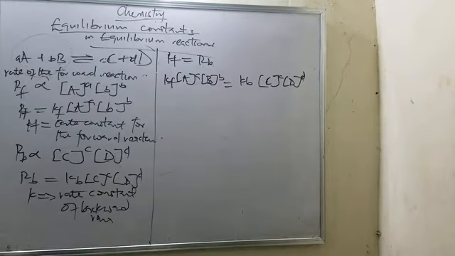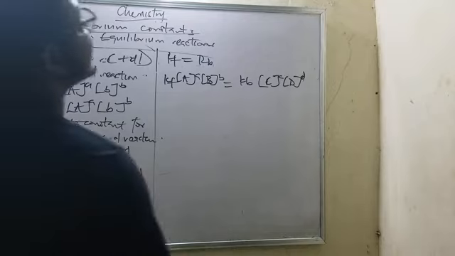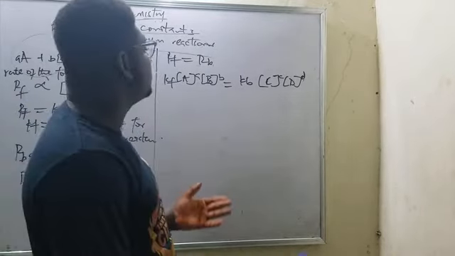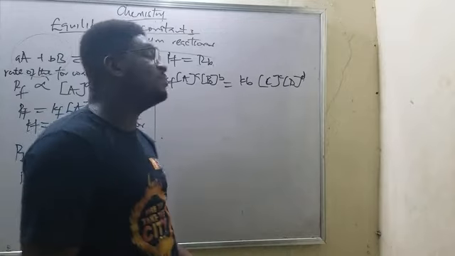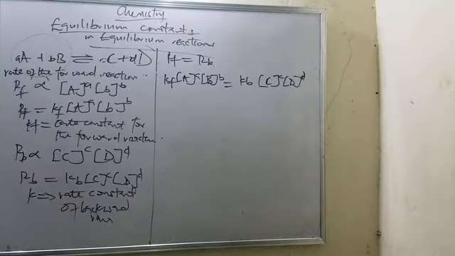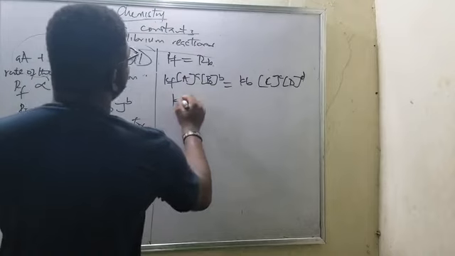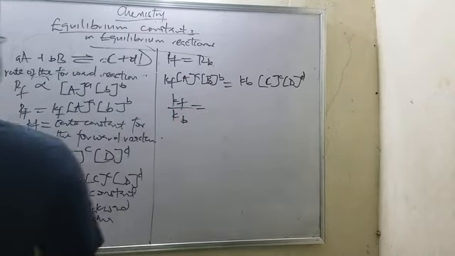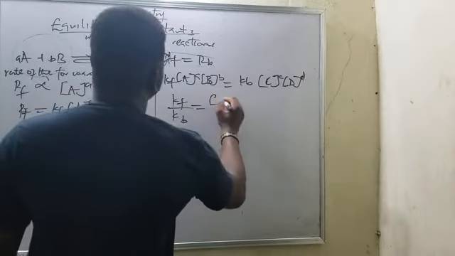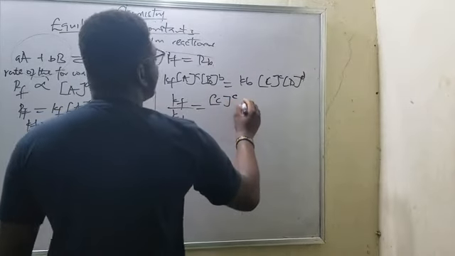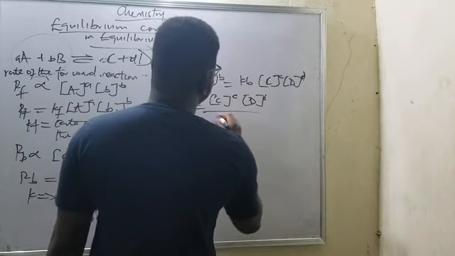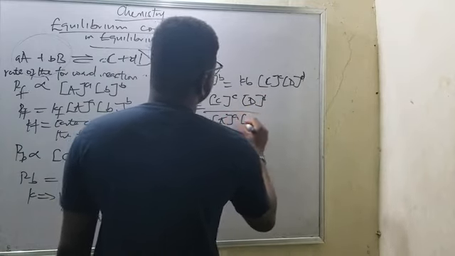We want to equate both to have a unitary rate constant. If we do the mathematics, we end up with Kf over Kb equals the concentration of C raised to the power c times D raised to the power d, over A and B.